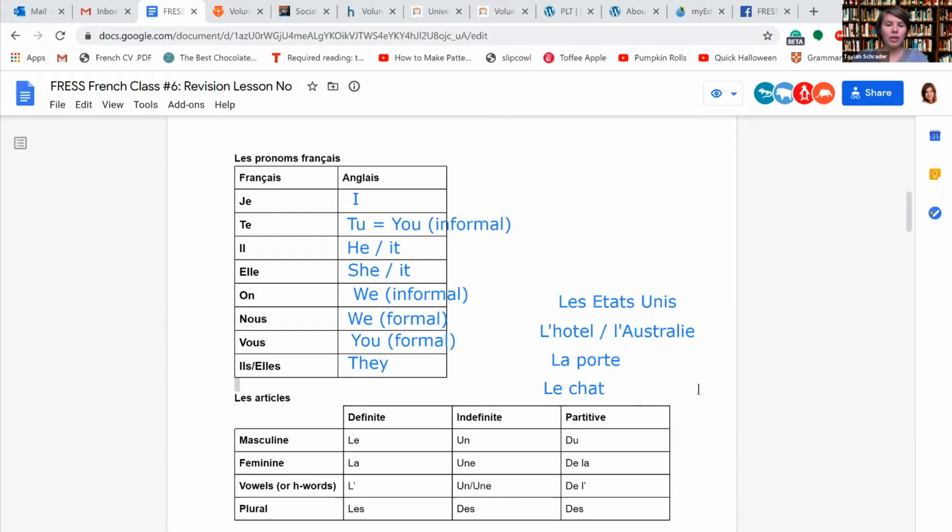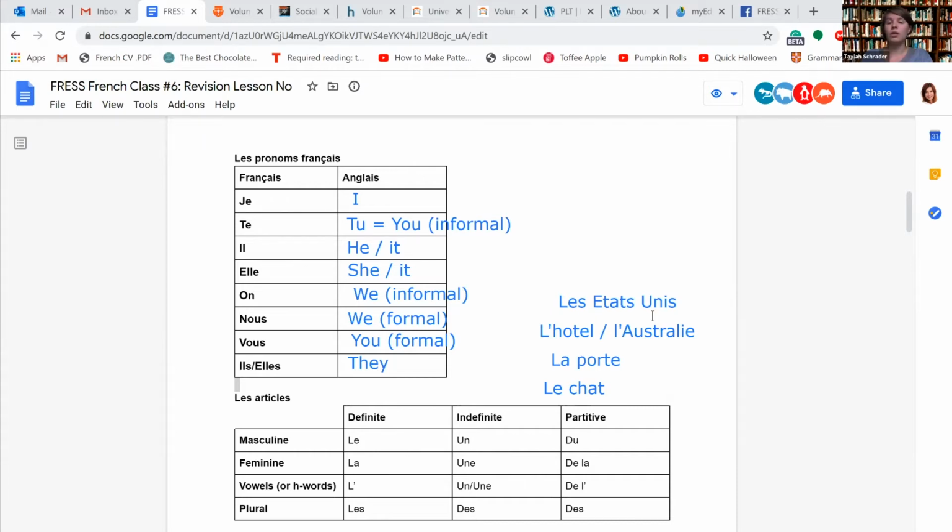You have un, une, or une for vowels, and you also have the plurals, which are des. Okay, so un, une, or des.